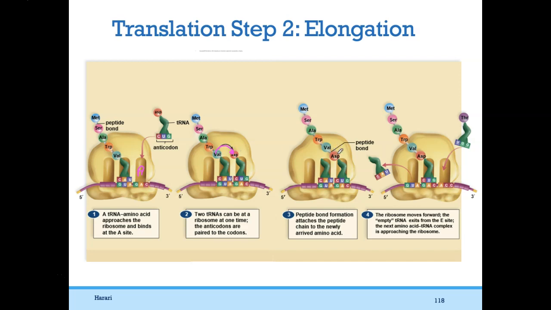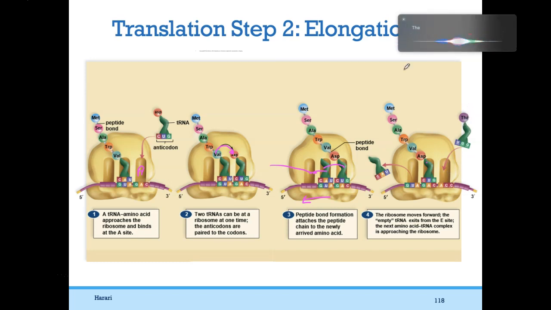There's that peptide bond made. And then everything is going to slide down one. So this is going to move to the exit site and it's going to be kicked off, right? And this is going to move to the middle. So right over here. And that will leave another spot, right? It will leave the A site open for the incoming amino acid to come in.